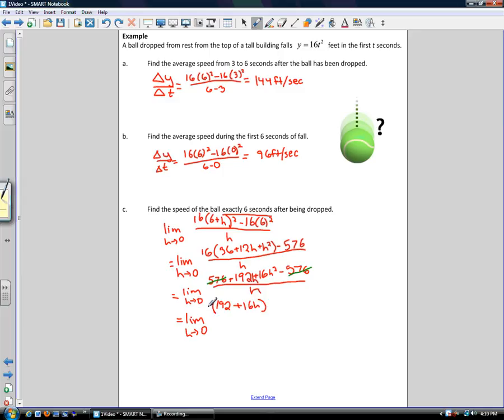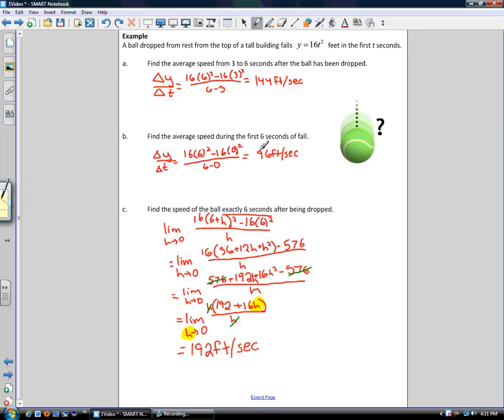And I'll put the h in the front. And now we can see that h over h will cancel. And then everywhere I see h, now I can plug in h equals 0, because h goes to 0, so therefore everywhere I see h, I just plug in 0, and I get 192 plus 16 times 0, so that's just 192. And again, I'm dividing my change in y over change in x, which is change in the height divided by change in time, so it's feet per second.